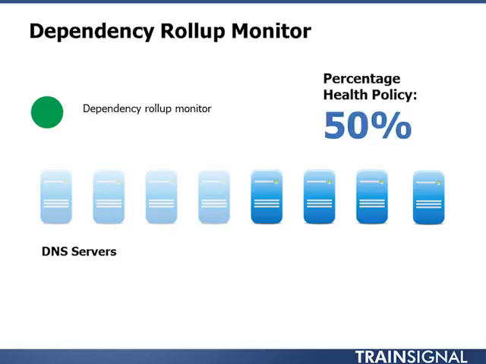In that case, you could use a dependency roll-up monitor, define a 50% threshold, and then say, once it goes below 50%, then we'll go into a red state. But until that point, the purpose of having multiple DNS servers is to remain operational. So we're not going to get too worried about things if we lose a single or even up to 4 of our 8 DNS servers.